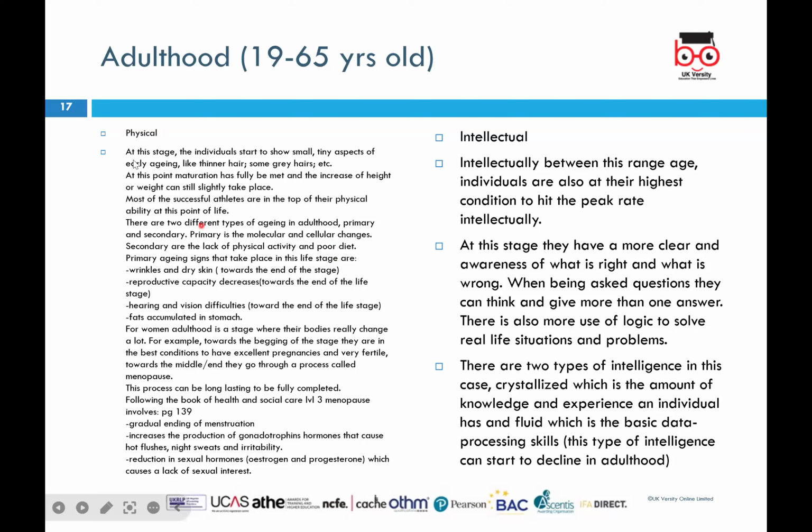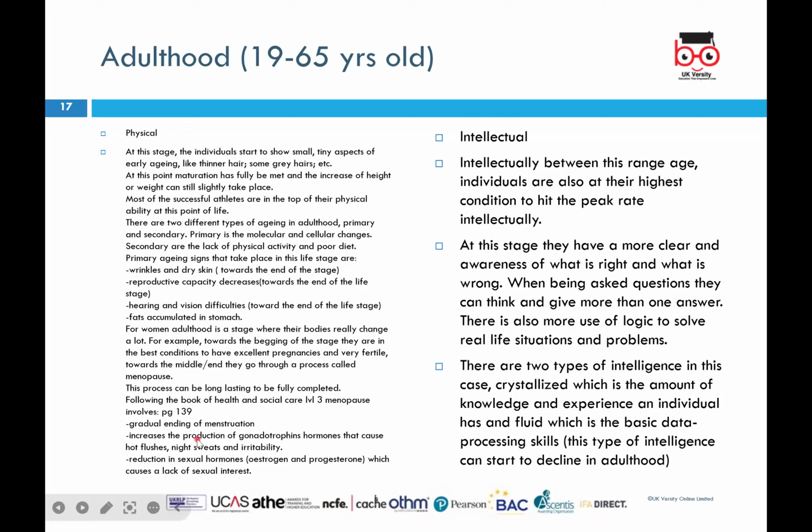Whereas here, everything is on a decline. They start having wrinkles and dry skin. Their reproductive capacity decreases. There are vision changes, hearing changes, and fats that accumulate in the stomach, so they cannot digest food as much as they used to.